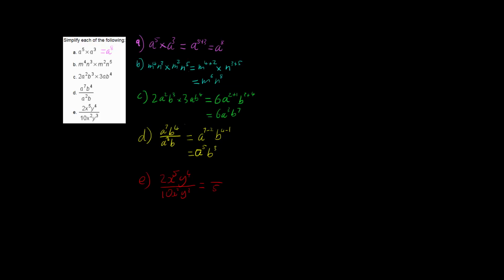We're going to have x to the 5, and we have x squared, so it's going to be x to the 5 minus 2. And now looking at our y's, 4 minus 3. So that's going to give us x to the 5 minus 2, which is x cubed, and y to the 4 minus 3 is 1, so I'm just going to leave it as blank, over 5.